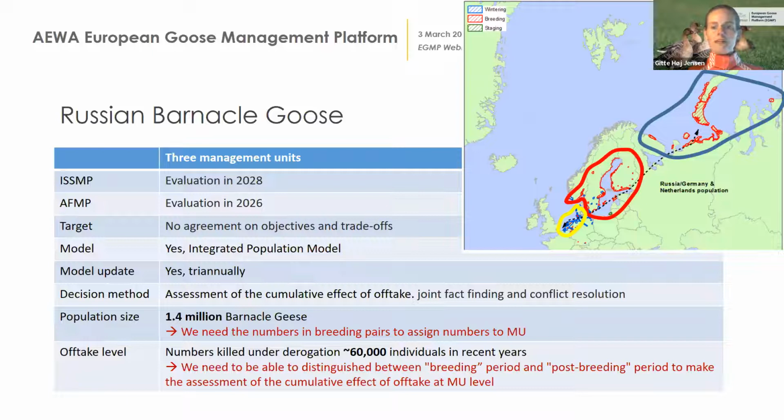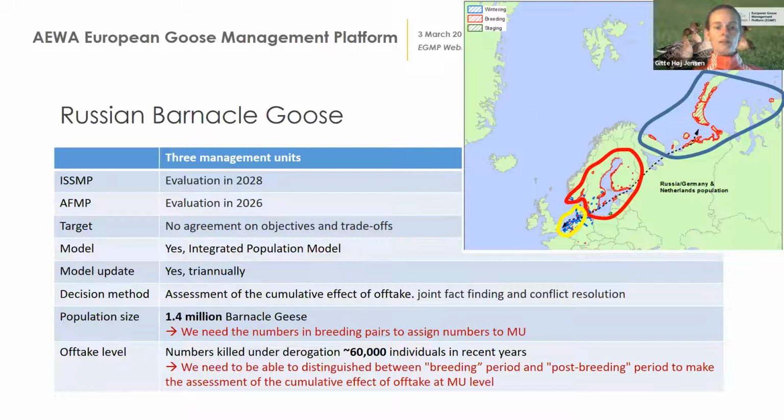So instead of taking, you can say, a decision, what we do in the EGMP is to make an assessment of the cumulative effect of offtake, which we then present this assessment to the International Working Group, and the range state can then do their decision based on the knowledge we have provided them to.